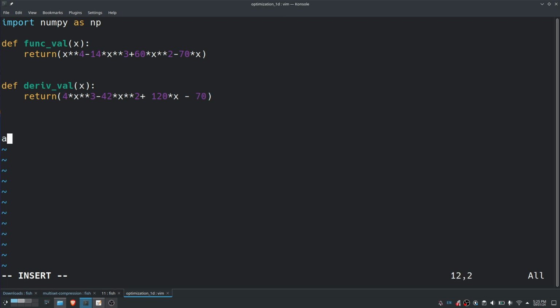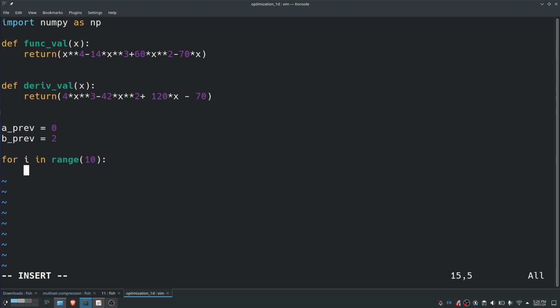So I start with my a previous equal to 0, b previous equal to 2. Say I do it for 10 iterations.